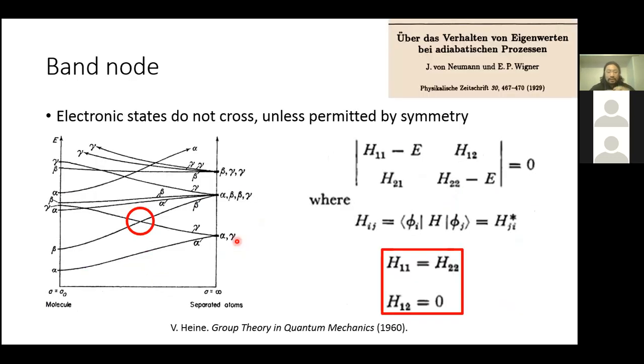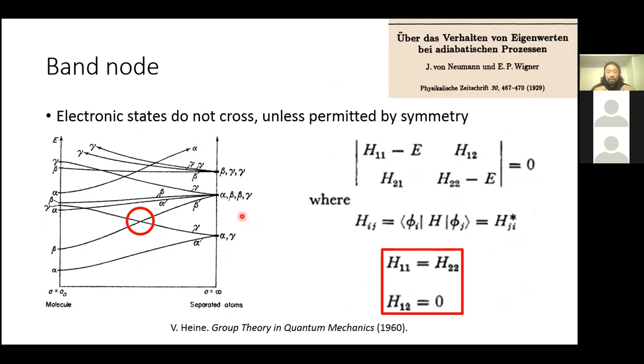First is the band node. This is quite simple because it can be traced back to the paper of Phonons 90 years ago, which basically says under what condition the bands can cross each other. For example, take a diatomic system. If the two atoms are separated from each other, they only have isolated energy levels.